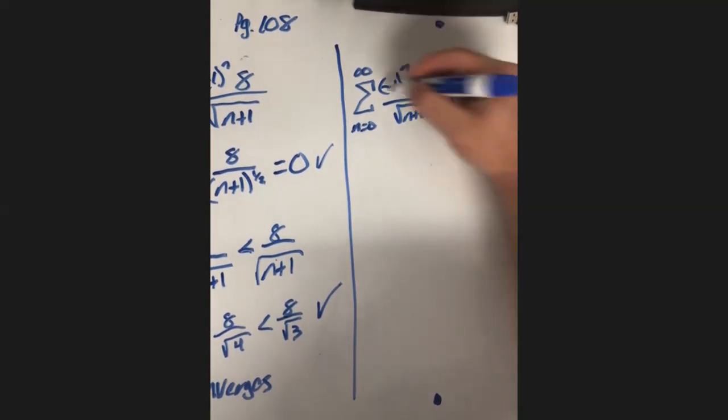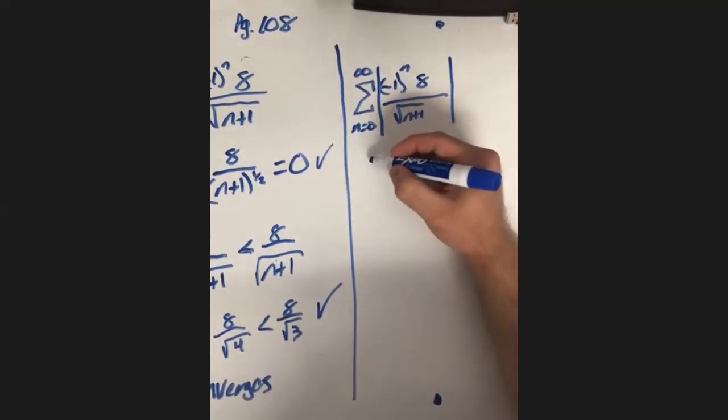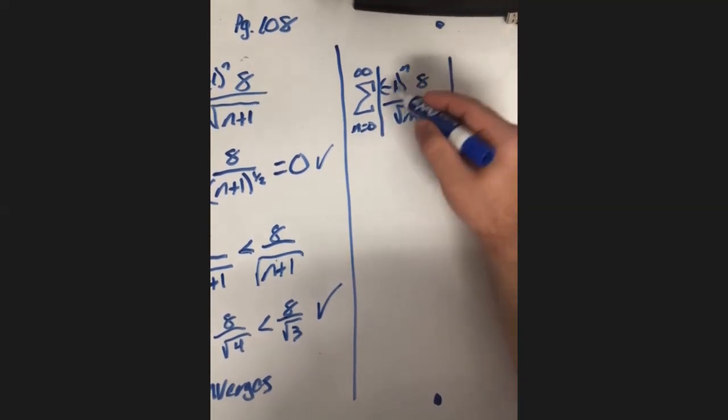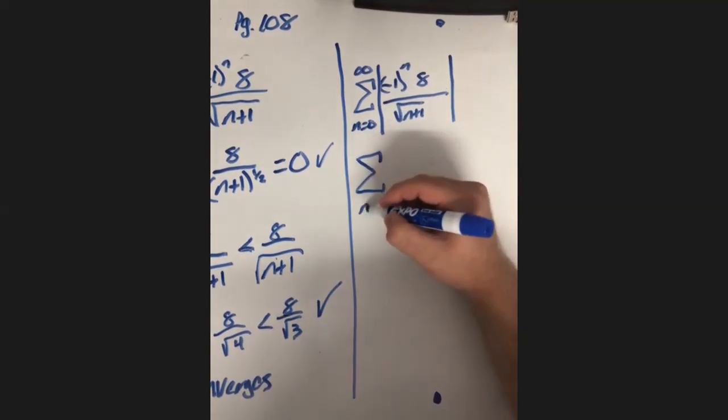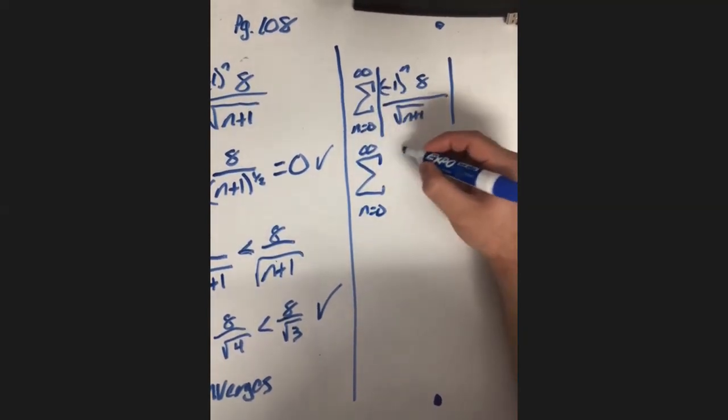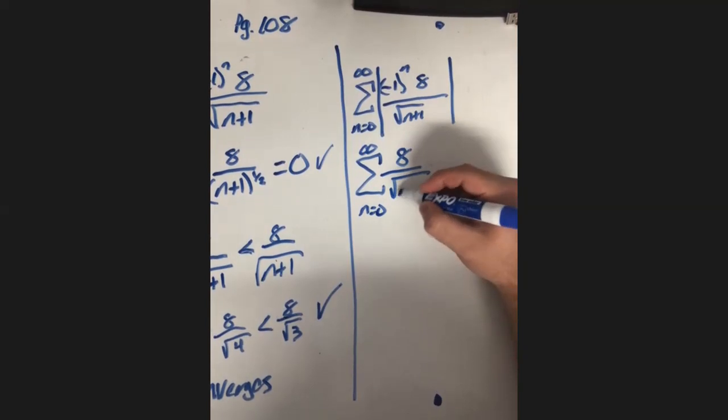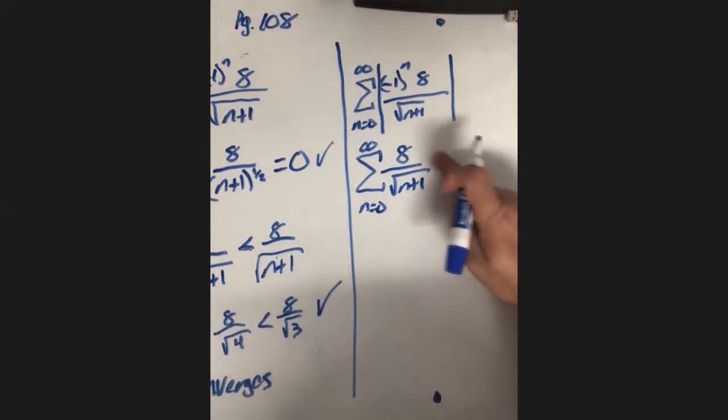I looked at the absolute value of that. In my mind, that says everything's now positive, so we don't need the (-1)^n. So I'm going to do the sum from n equals 0 to infinity of just 8 over the square root of n plus 1.